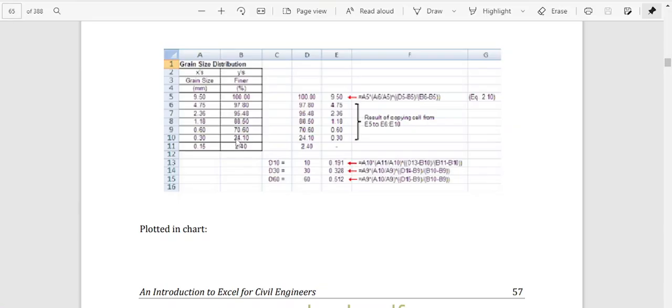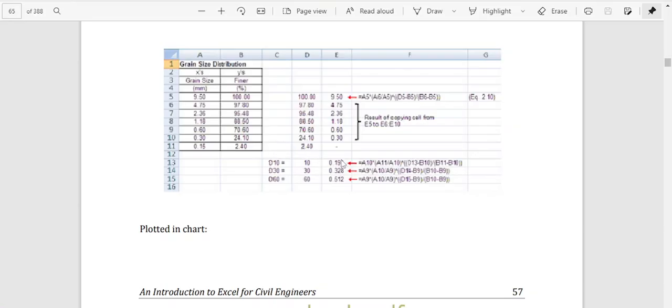But we know that it falls within the range of 24 and 2. 24 is the upper limit, and 2.4 is the lower limit. So 24 is yi plus 1 and 2.4 is yi.